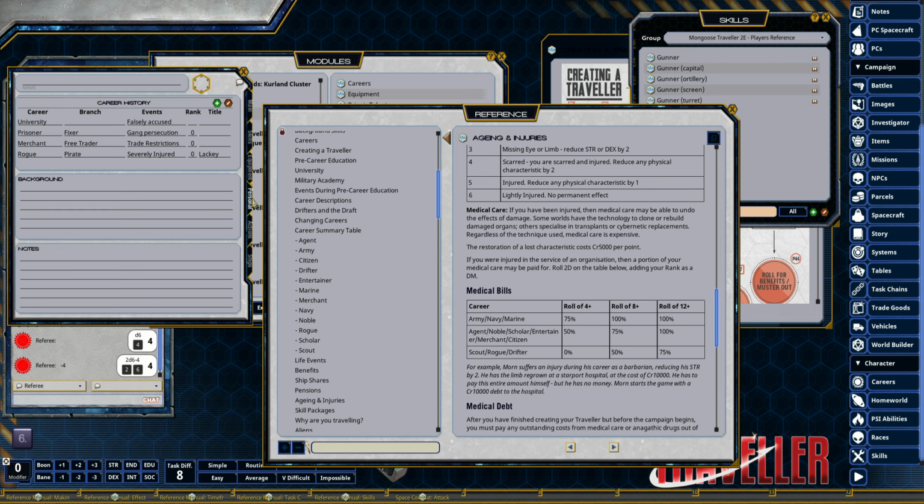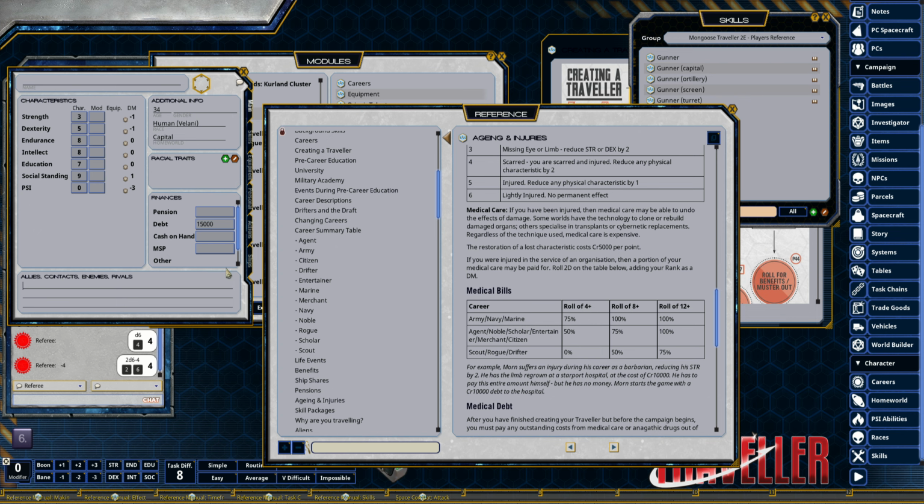So, what happened to him? I went to university. I was falsely accused of a crime. I got arrested and became a prisoner. But I was persecuted by a gang. And after I got out of prison, I became a merchant. But imperial trade restrictions caused me to lose that job and go bankrupt. And so I became a pirate. But during some sort of a raid, I was severely injured.